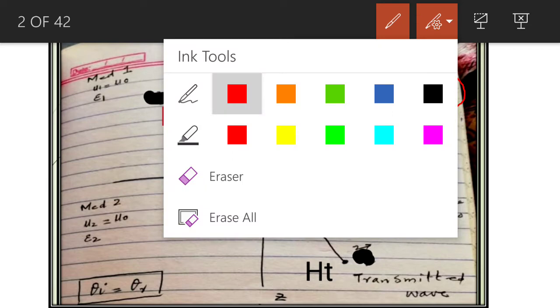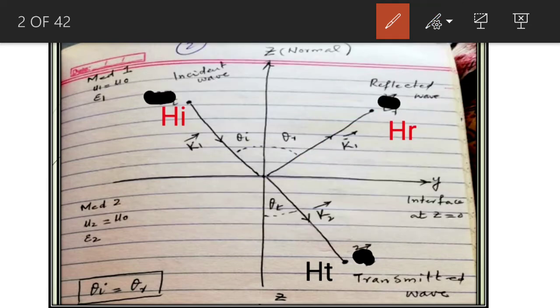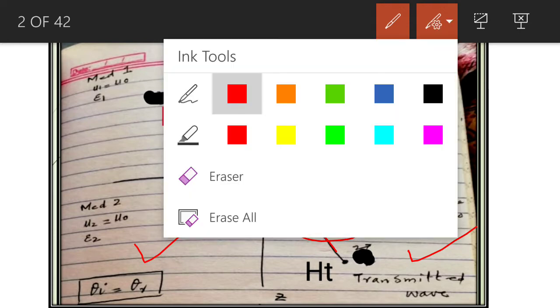The remaining energy of the incident wave is transmitted to the second medium. This wave is known as transmitted wave. The propagation constant of this wave is k2, and the angle of transmission is theta t. And we know that the angle of incidence is always equal to the angle of reflection.